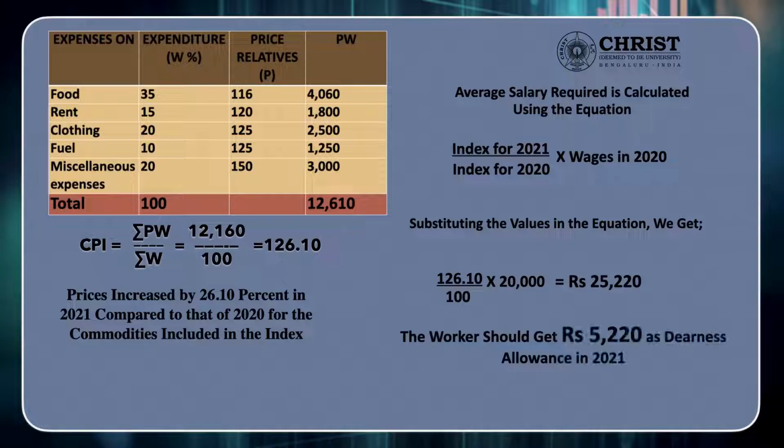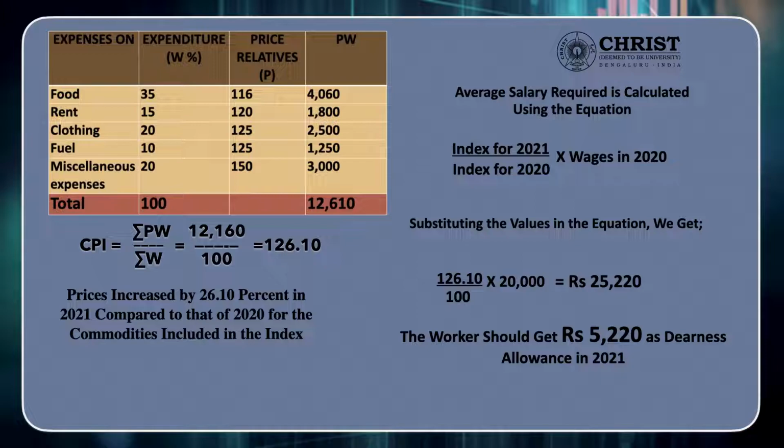So you have to take the difference. The question is not what the salary should be. If it were, your answer would be rupees 25,220. Here the dearness allowance increase is the question. So 20,000 is the base year salary, and now the required amount is 25,220.